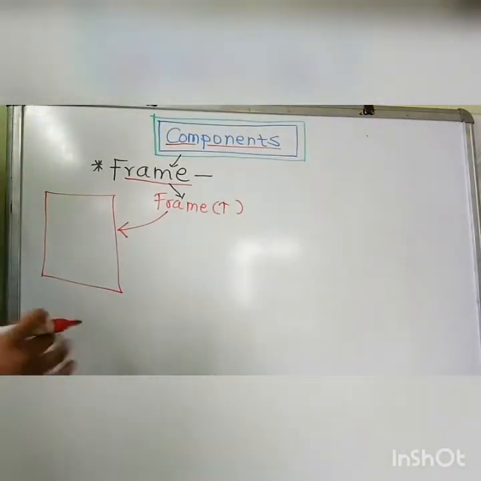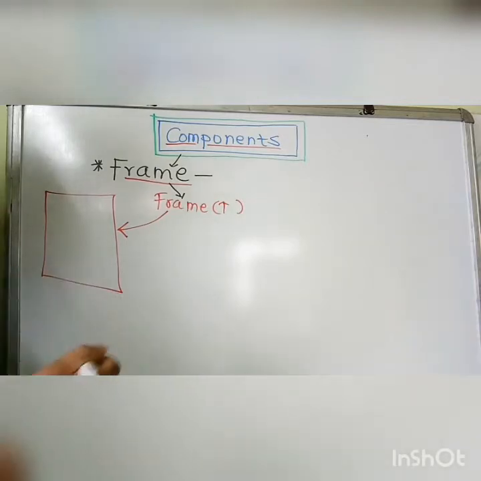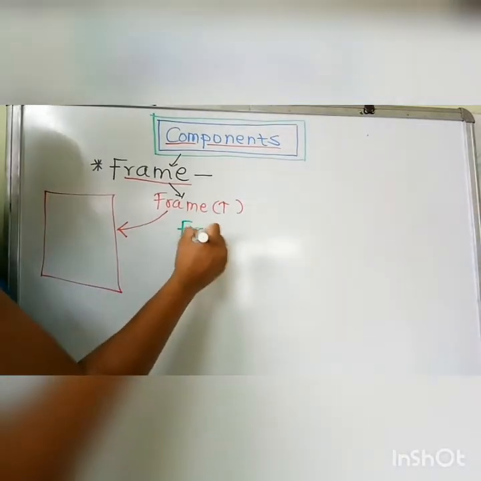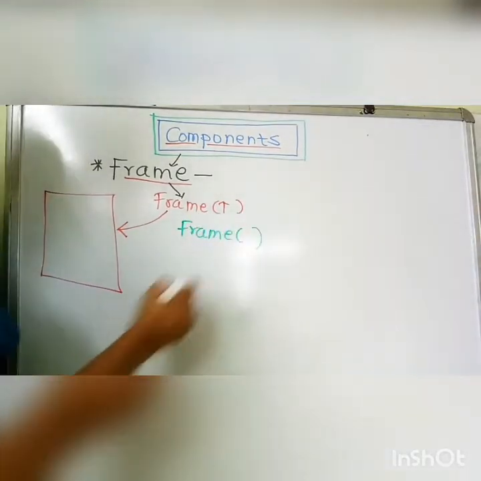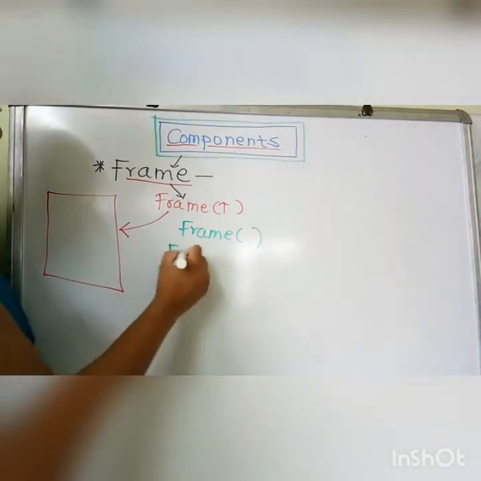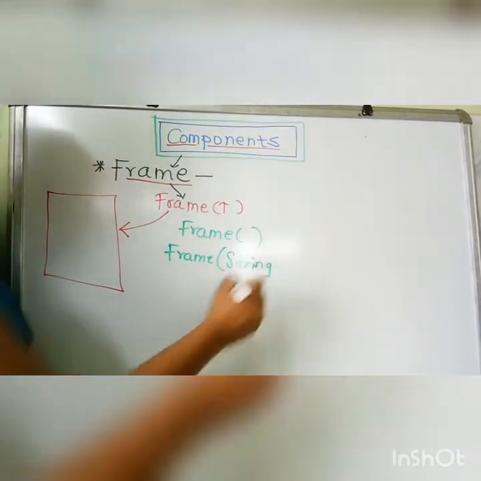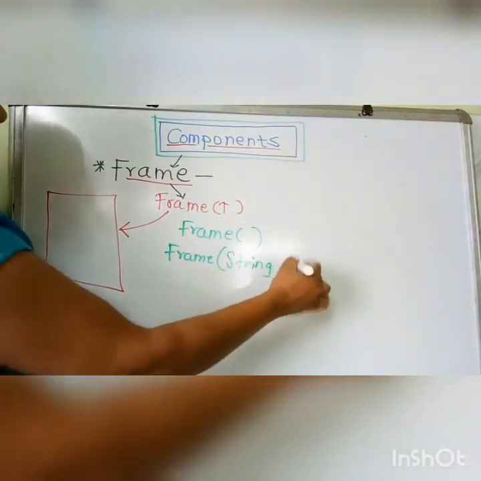There are two types of constructors which will display us the different features of this frame. Which are the different constructors? First is the plain frame, with opening and closing brackets. Then the second is the frame having the title parameter, that is String title.